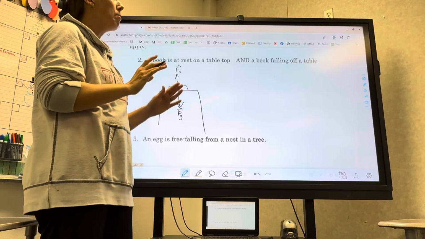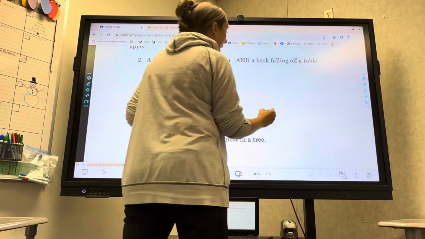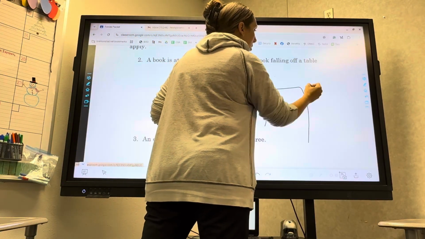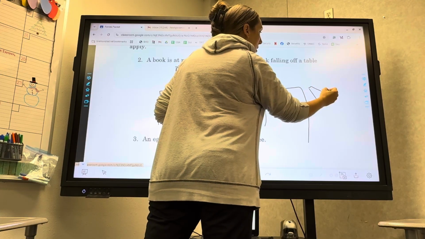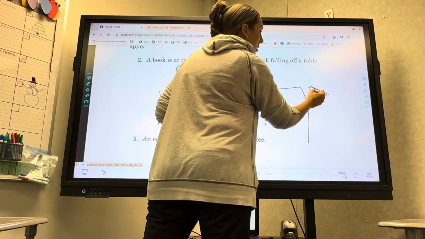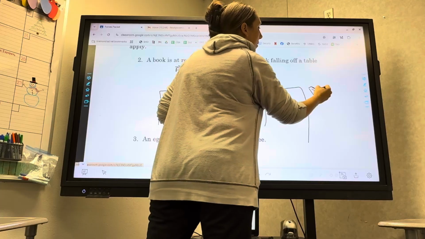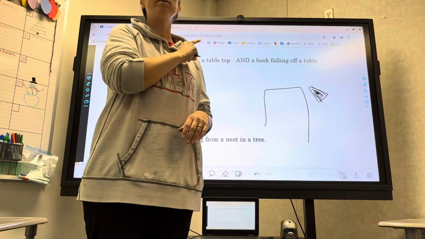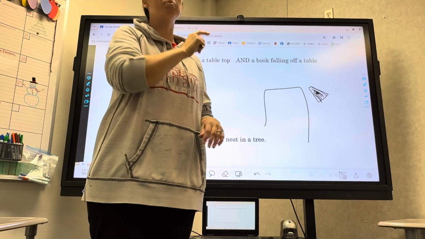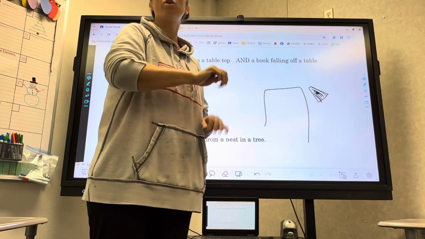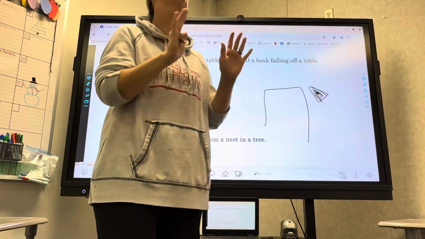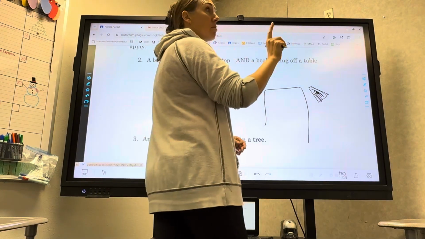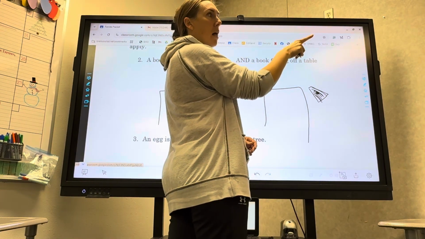Okay, and a book falling off a table. Okay, so that's like the book. Now, are they giving you any indication that the book is being thrown, pushed, pulled? No. So we have to assume that it's just free falling. Okay. It is moving, but we're not going to say force applied.